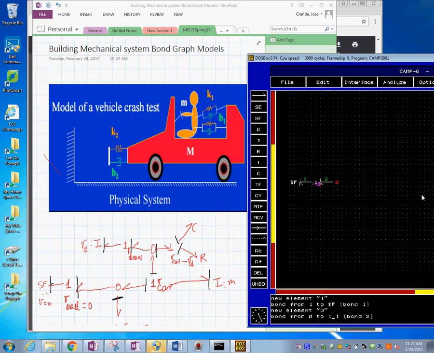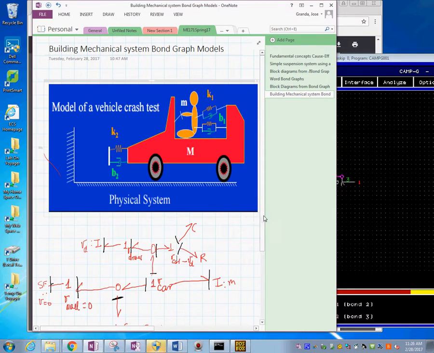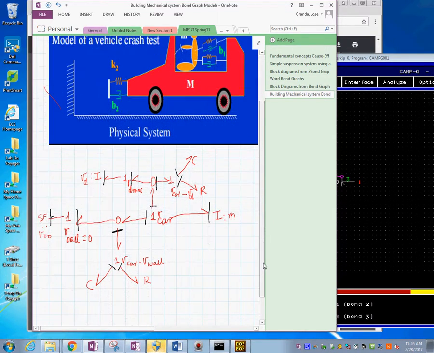And then we have the zero with this other one over here. And then you have this other one that goes down. There you go.